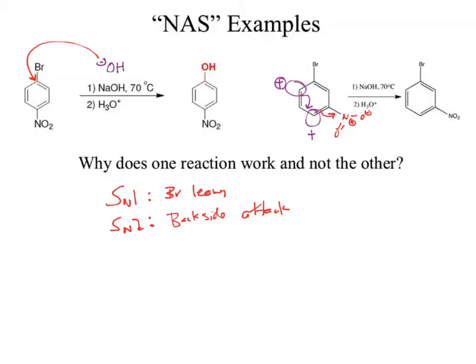So what happens instead of the bromine leaving? The pi bond can break. And how would that pi bond break?